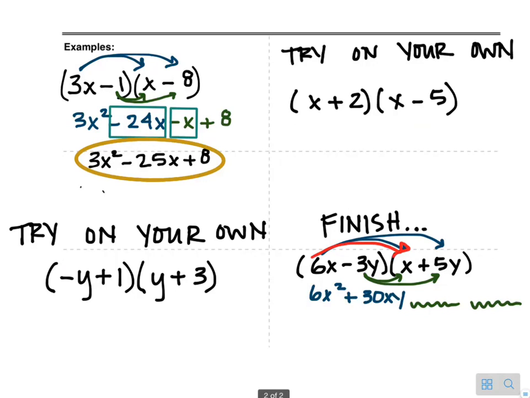Again, that's that first term, that front term, and then the 30xy comes from the 6x and the 5y being multiplied. Please finish by completing the inside as well as the multiplication to the last terms. So fill in those squiggly blanks, check to see if there are any like terms, and move from there.